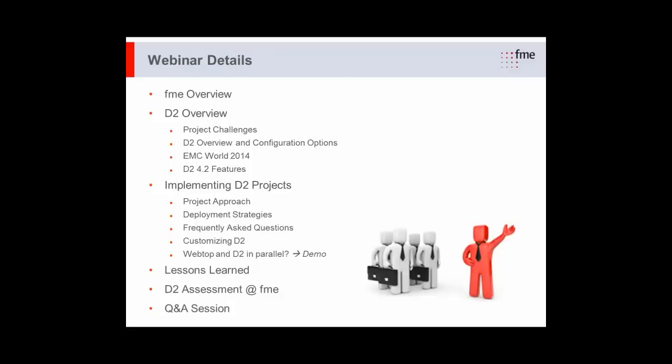The D2 4.2 features as well, and then we'll talk about implementing D2 projects: project approaches, deployment strategies, FAQs, any customizing to D2, and then we're going to show you a small demonstration of Webtop and D2 in parallel. At the end of the session, just a couple more slides: lessons learned, and a little bit about our offering for a D2 assessment. So again, we're going to keep it within the time frame as best we can, and we'll get started.